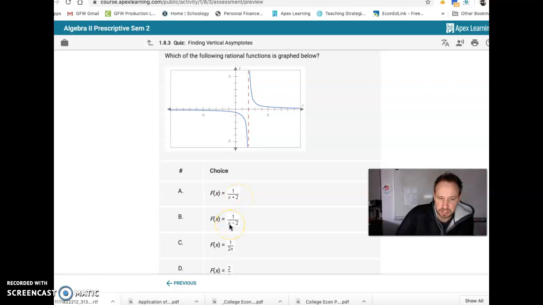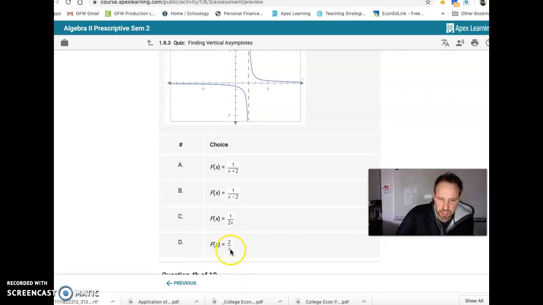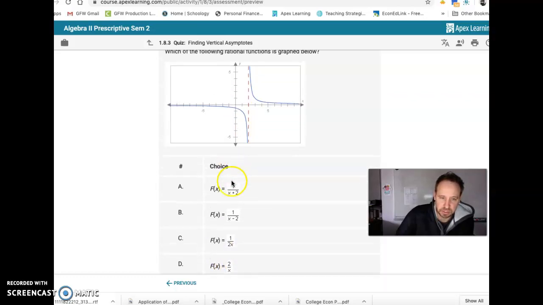If we take here 2 minus 2, that would give us a denominator value of 0. 2 times any positive number is not going to give you 0. And 2 divided by any positive number is not going to get you 0.